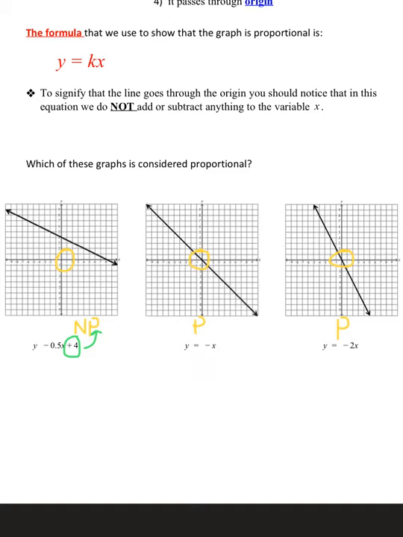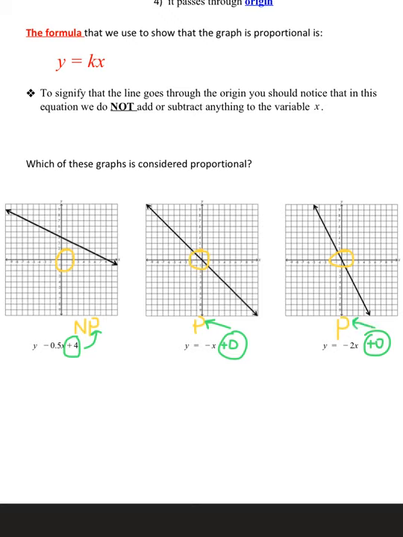Because it has nothing over here, which, remember, that nothing was a 0, this equation was proportional. And the last equation says y equals negative 2x. It doesn't have the extra plus or minus over here, because that's that 0 that we don't really write in there. And so that's why it is proportional.